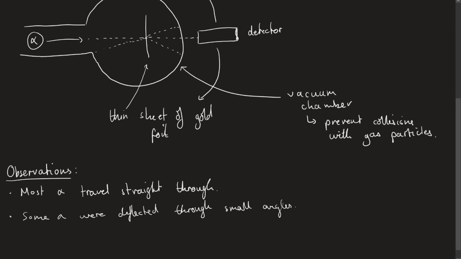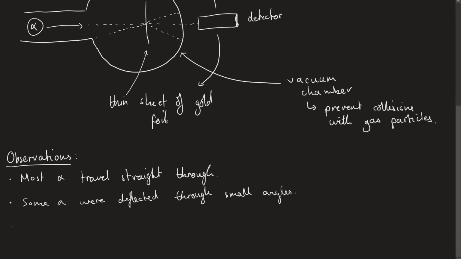So his final and probably most important observation was that about 1 in 10,000 alpha particles were deflected back, or we could write it as through 180 degrees. They were deflected all the way back.